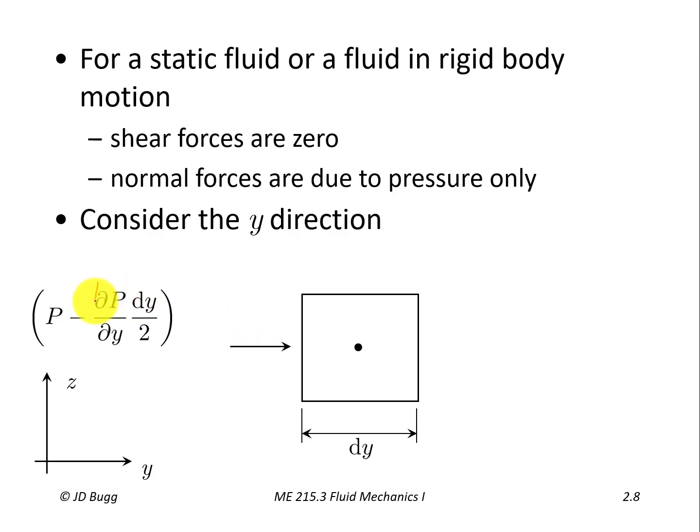So I'm saying that partial P partial y is some positive number. Now what that means physically is as we move from left to right, the pressure is increasing, right? Because we're moving in the positive y direction, so the pressure is increasing. So that means the pressure here is less than the pressure here. So that's why this negative sign is here, because this quantity in parentheses needs to be the pressure on this left face. So P minus partial P partial y times the distance dy over 2 is going to give us the pressure on the left face.